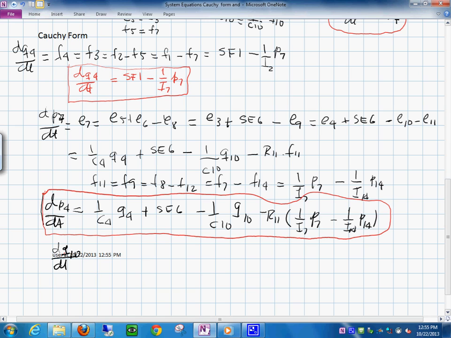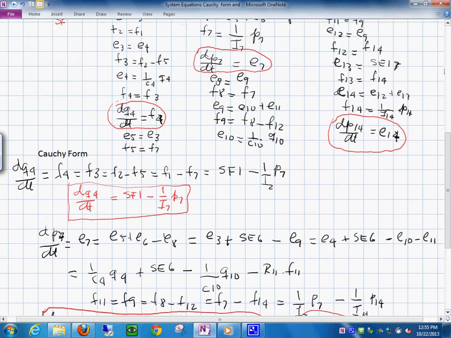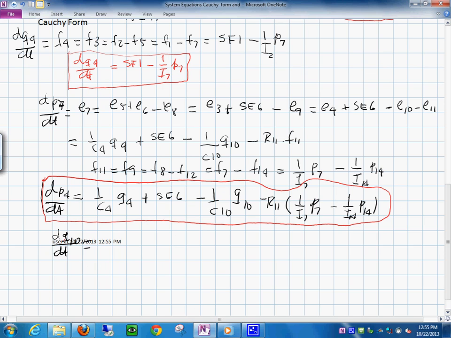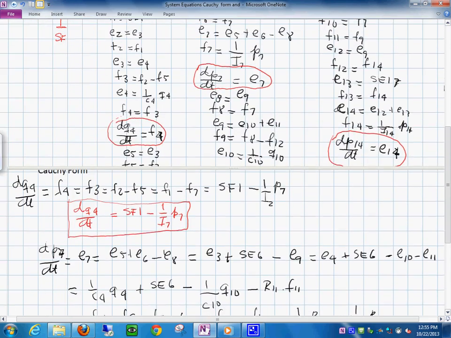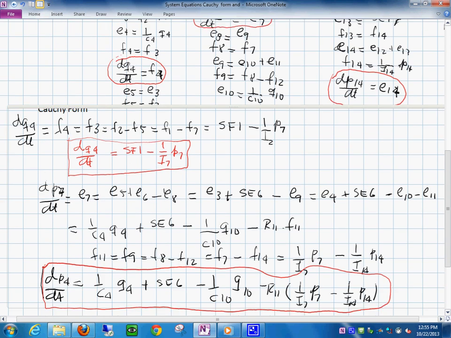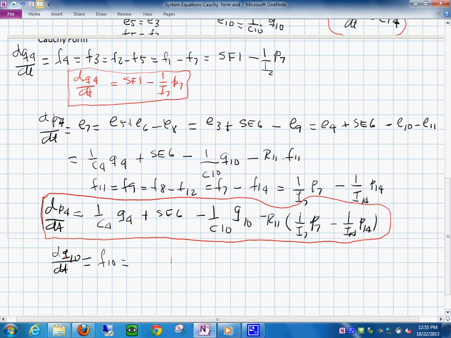E11 is R11 times F11, and then plus SE13 is E13 placed up here. Although we could use it. Yes, no? Right here, see? And so F11 is this. So why don't we just do that? We'll replace it and then we are done with this.